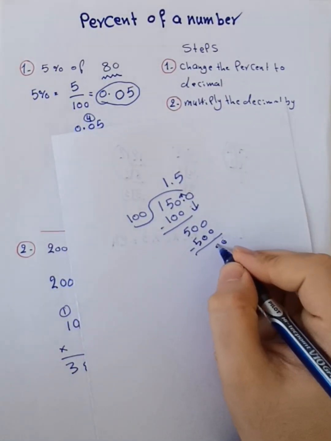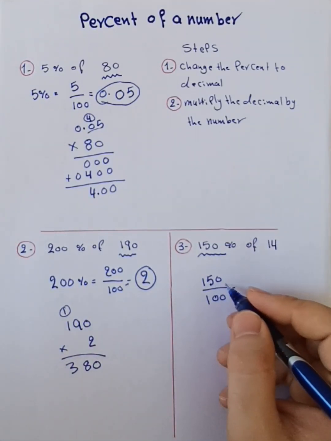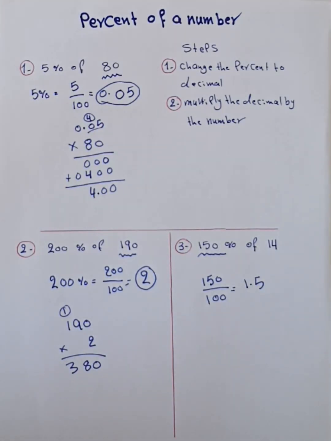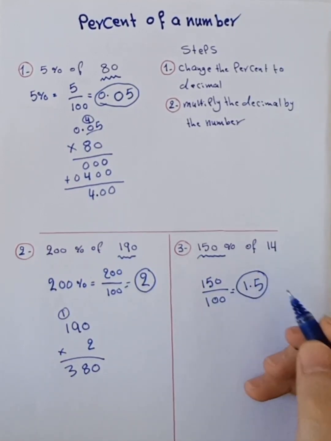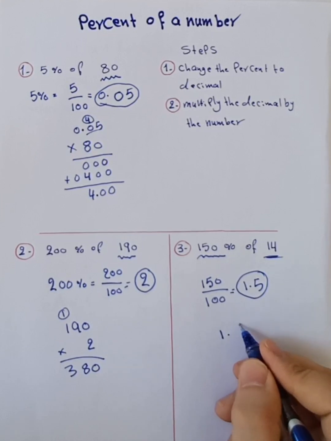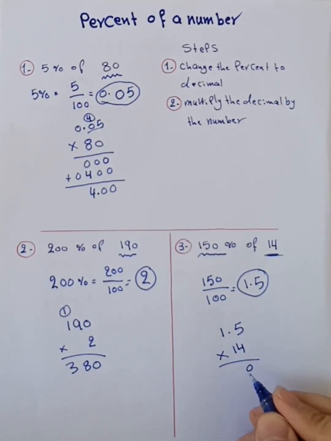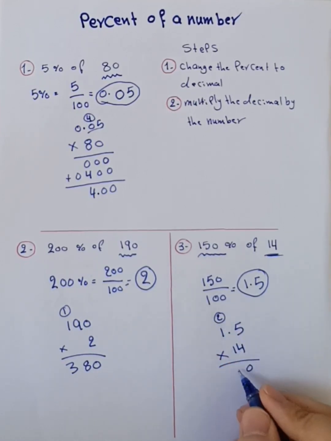So 150 divided by 100 is 1.5. After that, you have to multiply this decimal number by 14. 1.5 multiplied by 14. 4 times 5 is 20, we have to regroup. 4 times 1 is 4, plus 2 is 6.